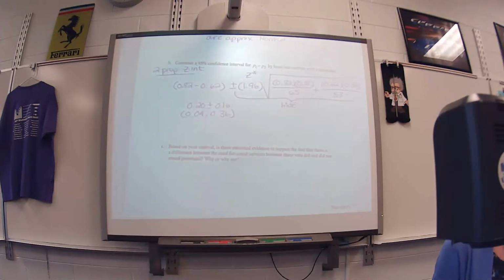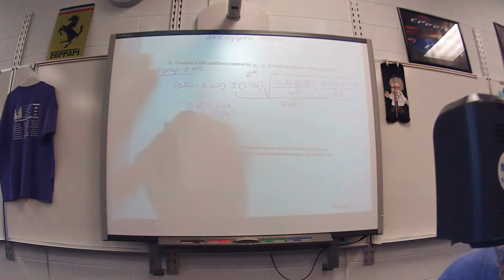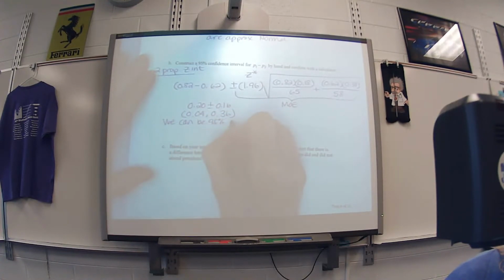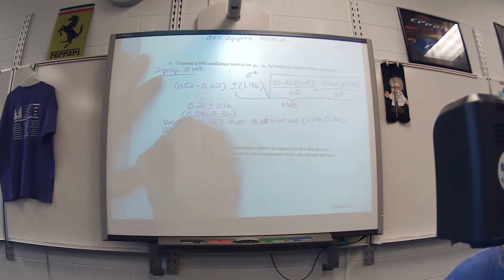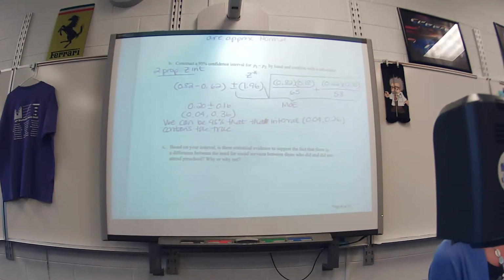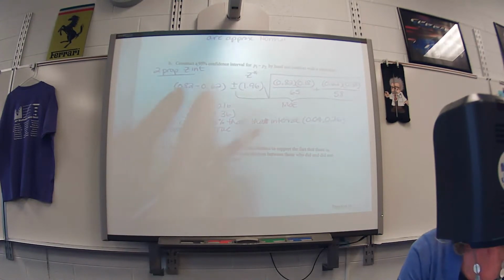And the concluding statement. We can be 95% confident that the interval 4% to 36% contains the true, now in context, detail. What are we trying to capture?